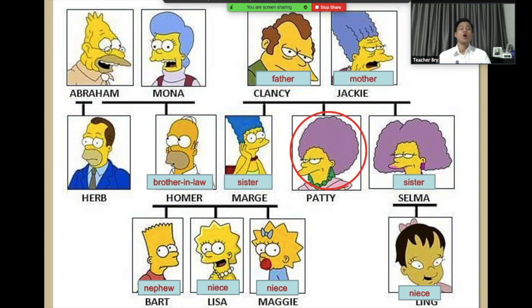Oh, niece, girl. So at least you will not be confused with is nephew boy or girl? Is niece boy or girl? So these are the family members of Patty. We will not talk about Abraham, Mona, and Herb because they are Homer's family. So Patty has no relationship with them.